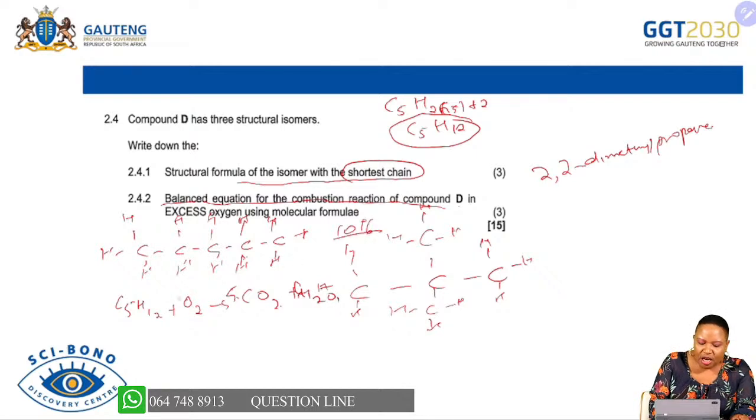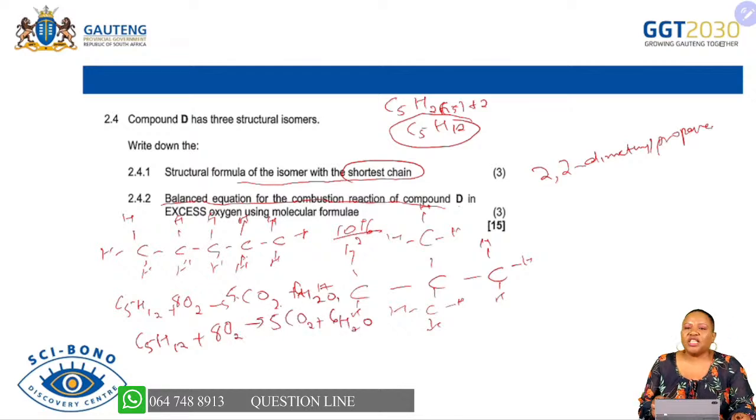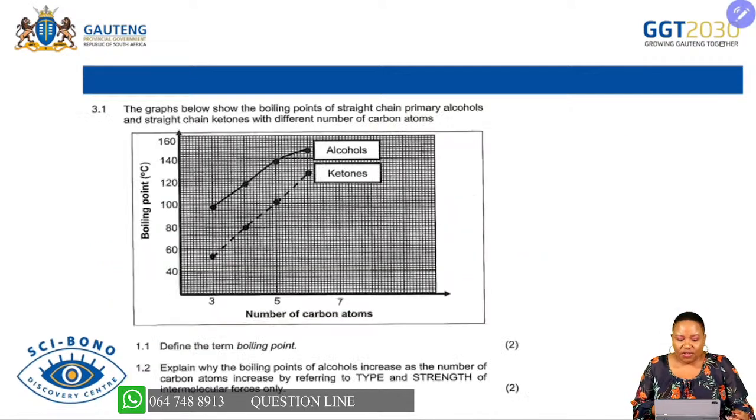So we have 16. So 16 divided by 2 is going to be 8. So our equation is going to be C5H12 plus 8O2, giving us 5CO2 plus 6H2O. This is what I said you must go back and revise, because we definitely did the revision of this.